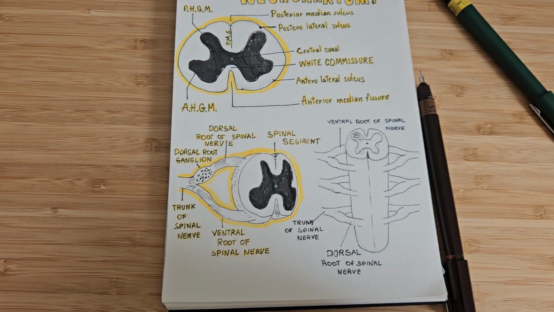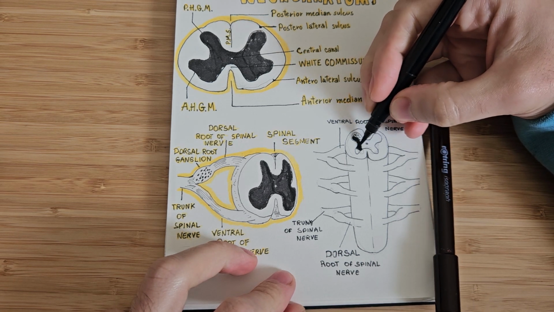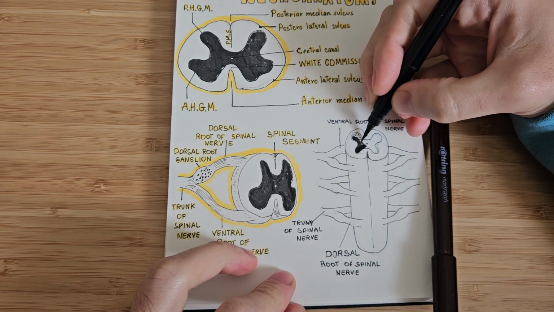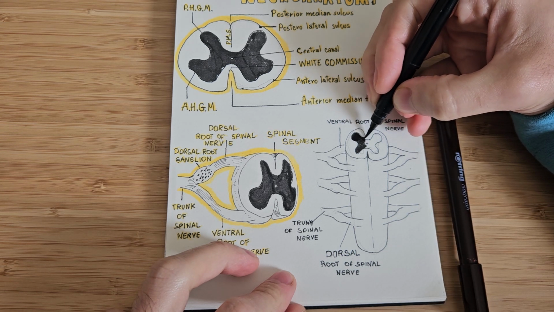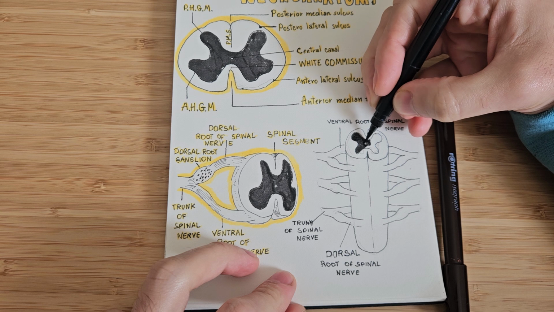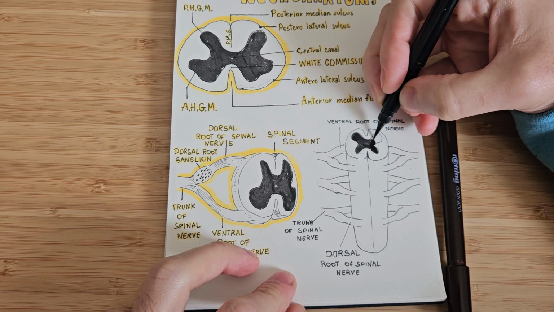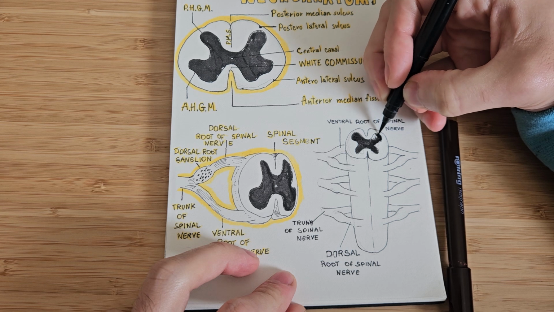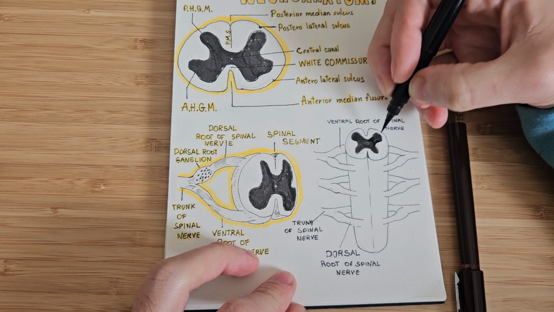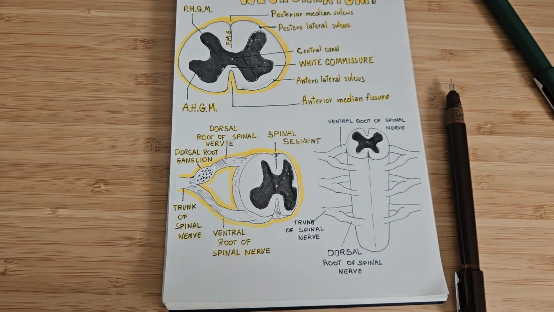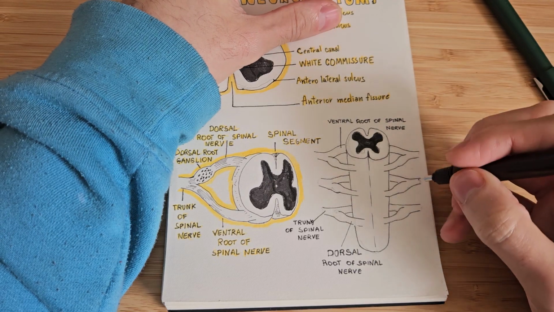Instead, I prefer to paint this part. Done with this part. Okay, actually we still have another thing, the dorsal root ganglion.